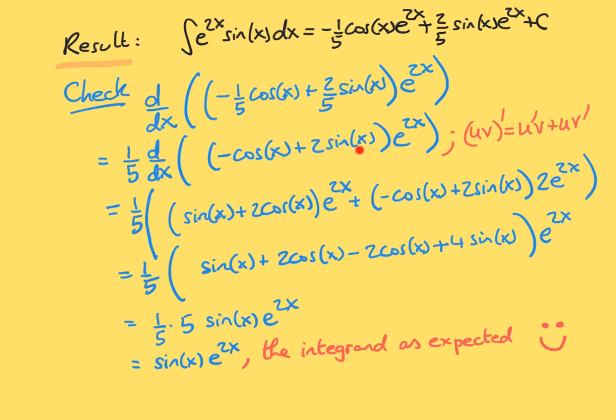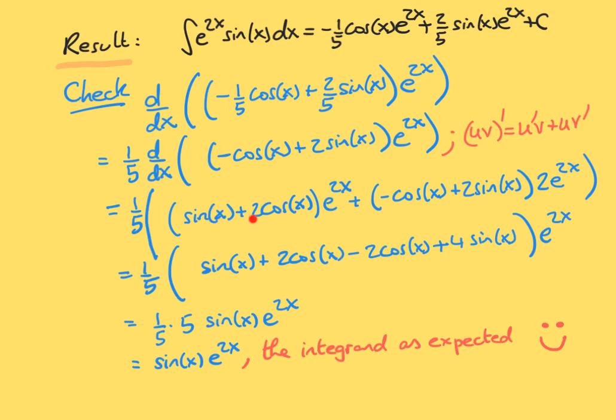And if I differentiate 2 times sine, I get plus 2 times the cosine, multiplied by e to the 2x. And then we have plus, and it's u, so this bracket is just repeated, times the derivative of e to the 2x, and from the chain rule that's going to be e to the 2x times the derivative of 2x, which is just a factor of 2.